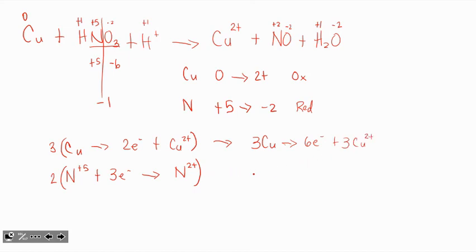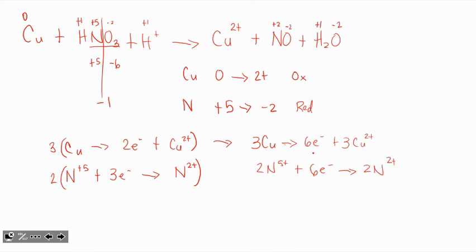This guy down here, I'm going to end up with 2 nitrogen, 5 plus. I'm going to, oh, wait a second, shoot. Plus, I need to do my 6 electrons here. And then that gives me 2 nitrogen ions on the other side with a +2 charge.